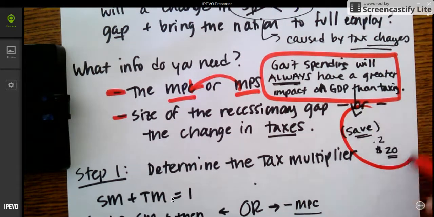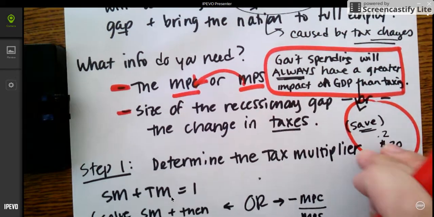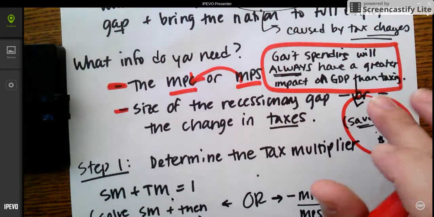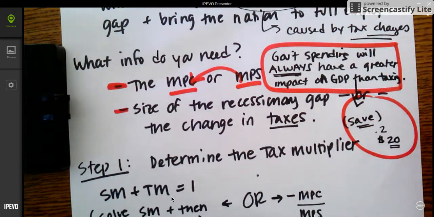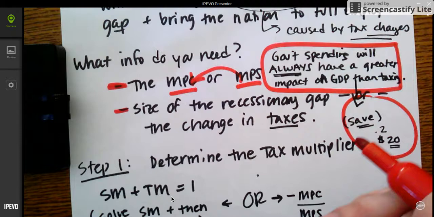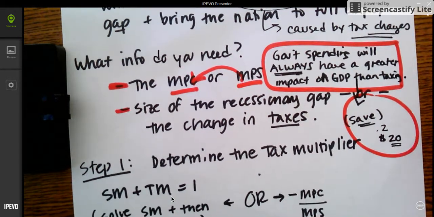So what we have to understand is that spending is always going to impact the economy more than taxing because 100% of the government spending is going into the GDP. If the government hires a firm to do a job for them, for example, design a bridge, and they pay $1 million for that bridge to be built, the designers, the architects, et cetera, 100% of that money is going into the economy.